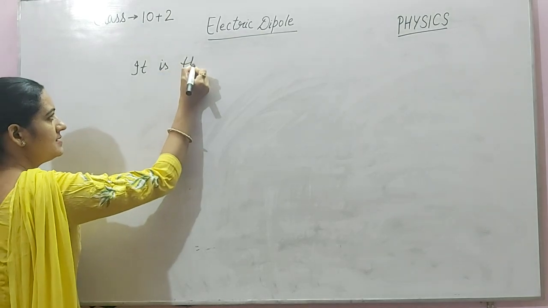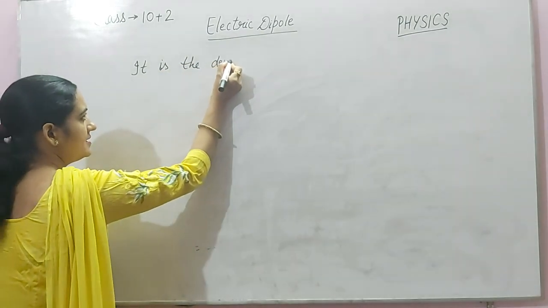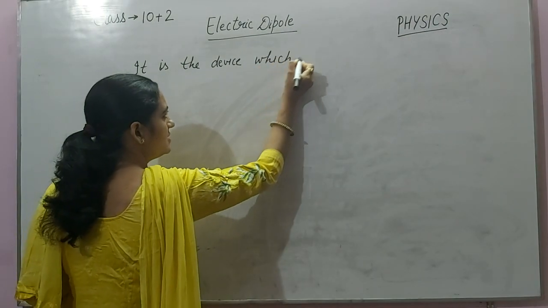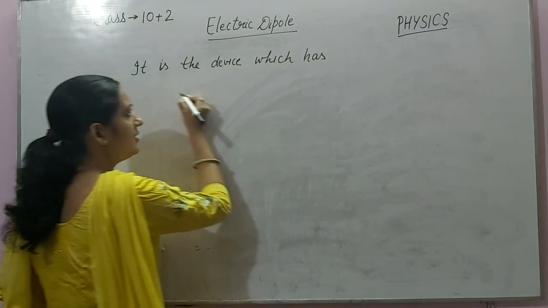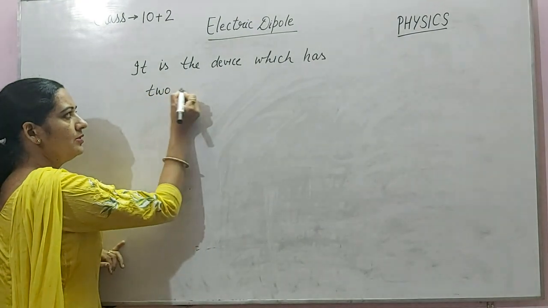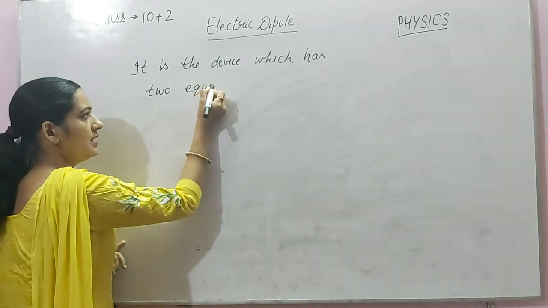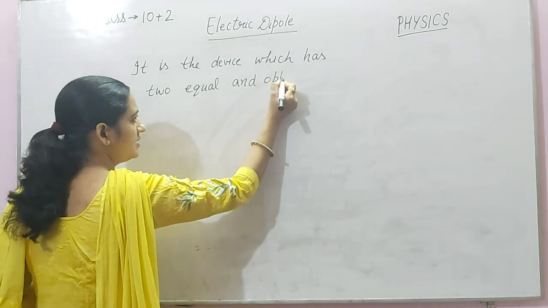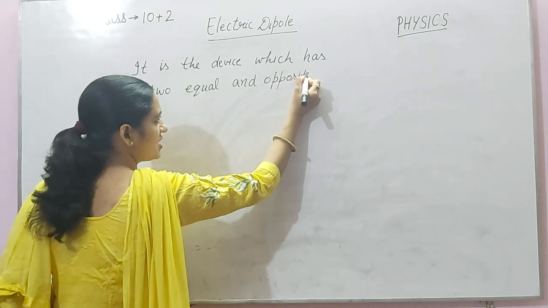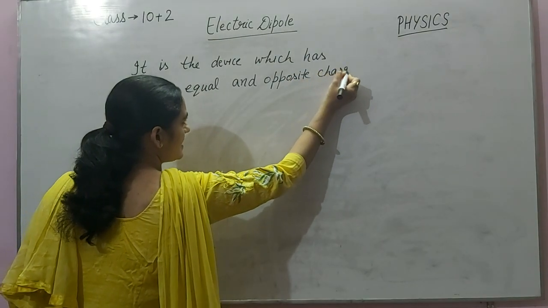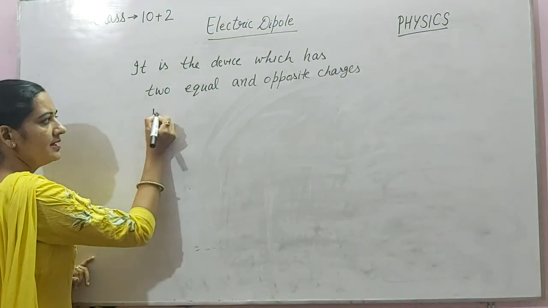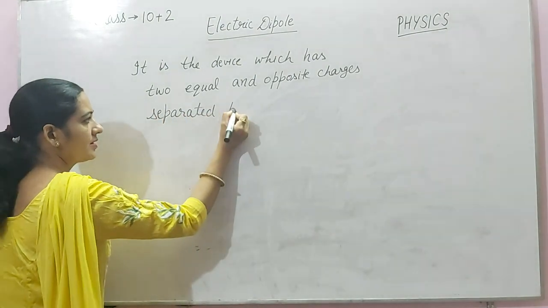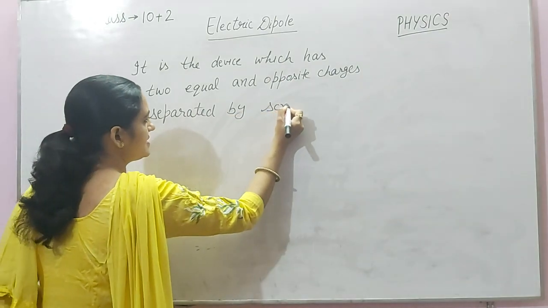Okay, let us start. Electric dipole is the device which has two equal and opposite charges separated by some finite distance.